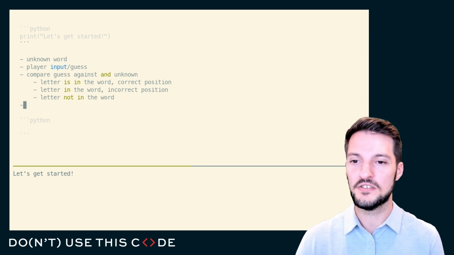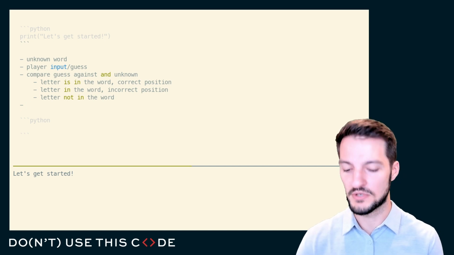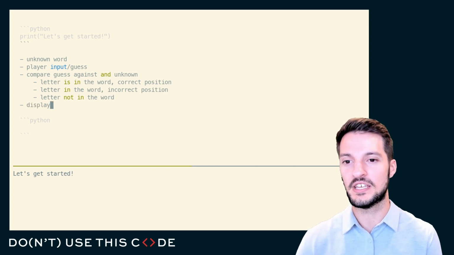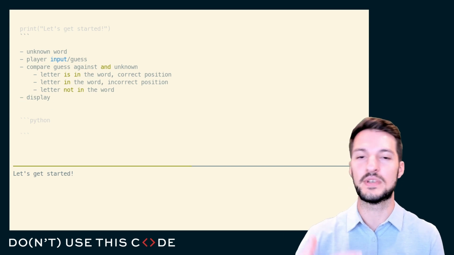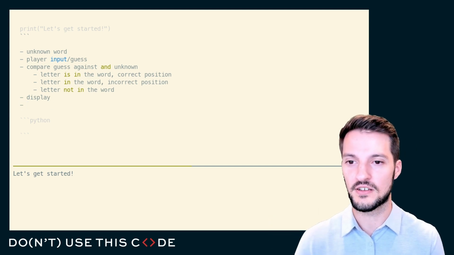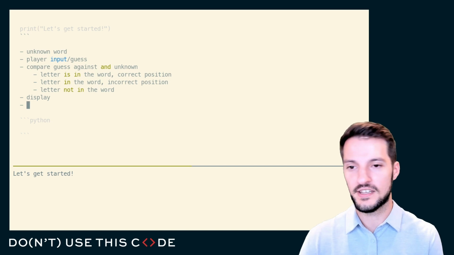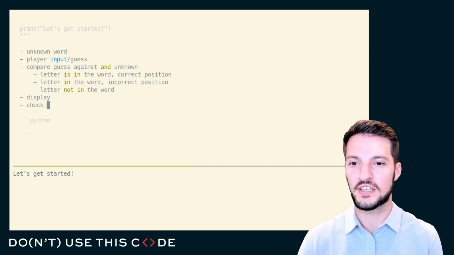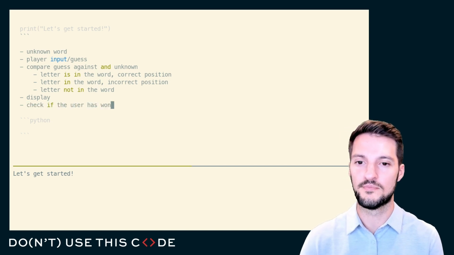After you do that comparison, you think about the colors, you think about maybe displaying those. Once I type something into Wordle, I'll display the results based on what's correct or not correct on those comparisons. And then at the very end, you check if the user has won.